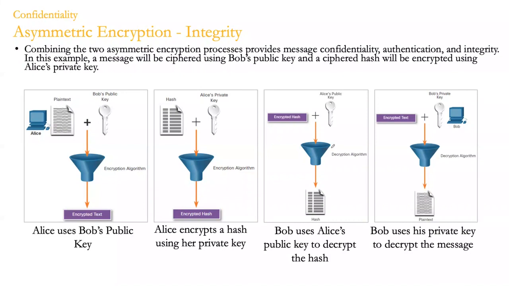Next, the sender uses the sender's private key to generate the digest. Now the encrypted message plus the digest go together to the receiver. The receiver uses the sender's public key to decrypt the digest.